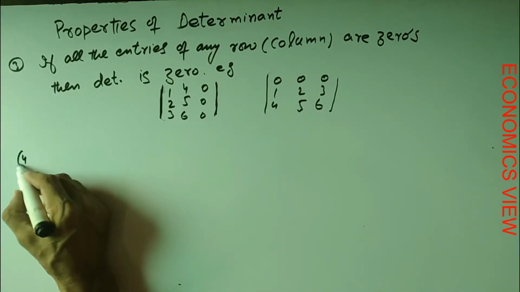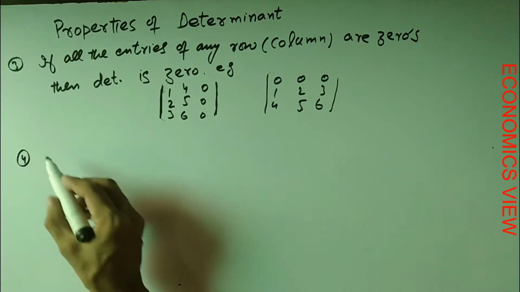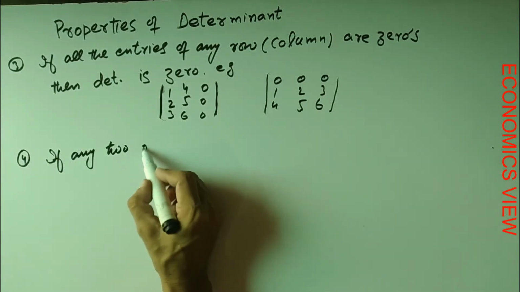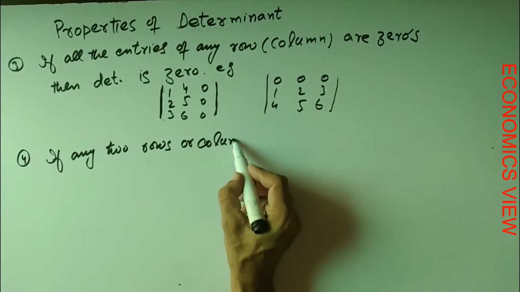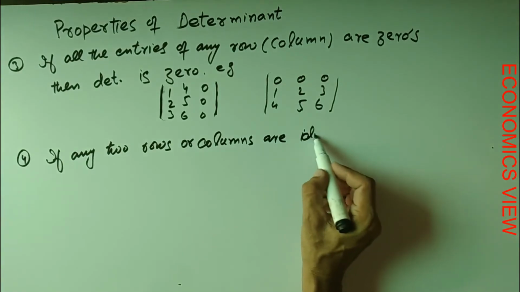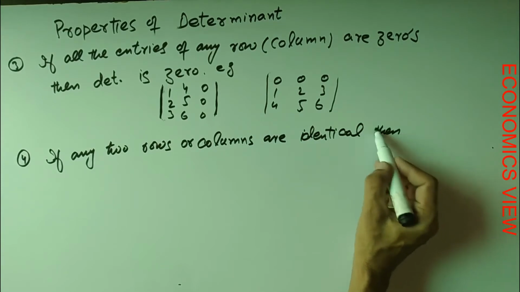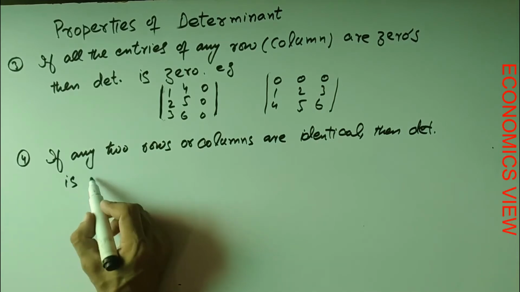Now further is the fourth property. The fourth property is, if any two rows or columns are the same, are identical, then the determinant is 0.